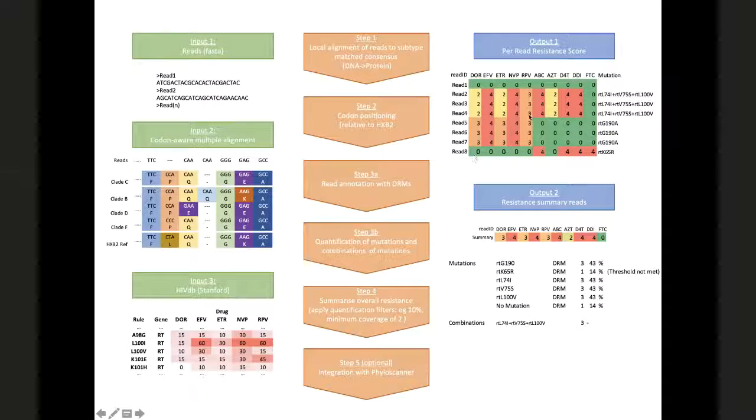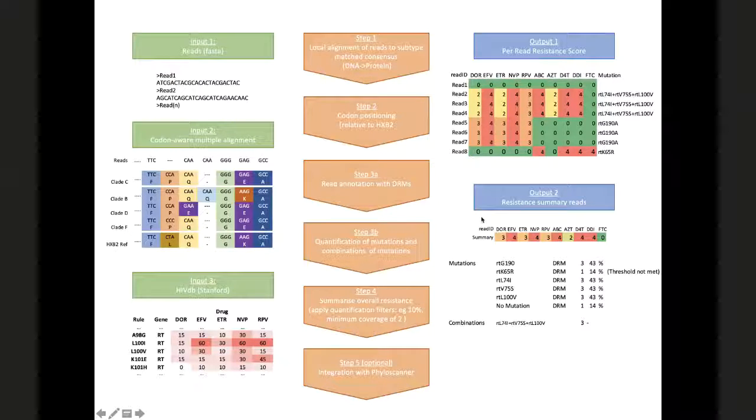And the outputs are shown on the right, so you will end up with a summary of the level of resistance you observe to each drug and a list of mutations encountered within each read, and that information is then summarized, but you summarize it while filtering on mutations that don't reach a threshold that you might specify.